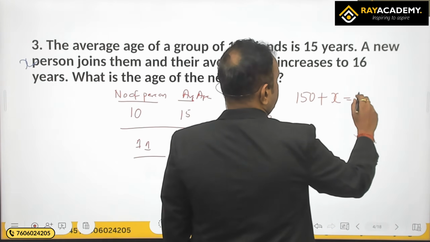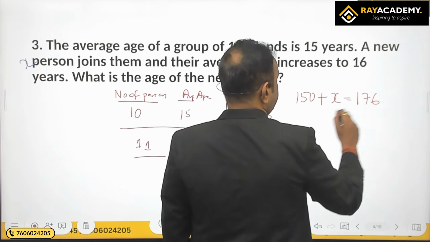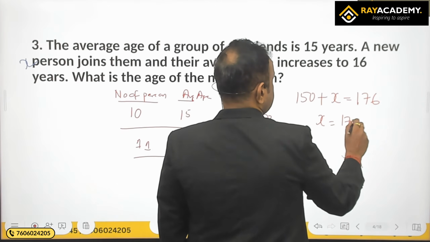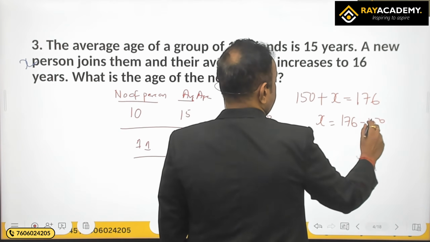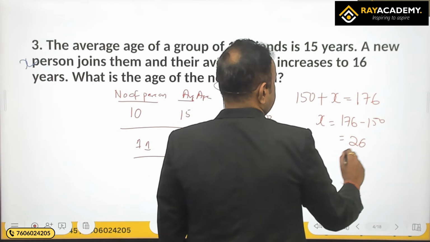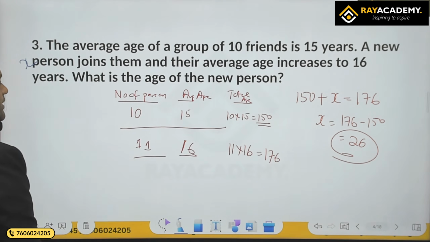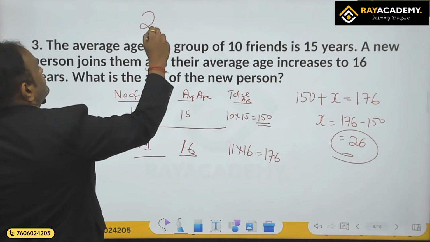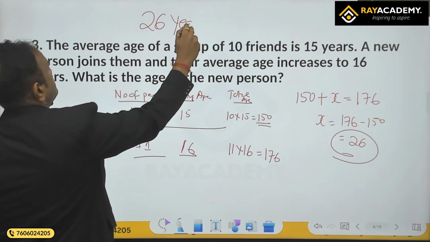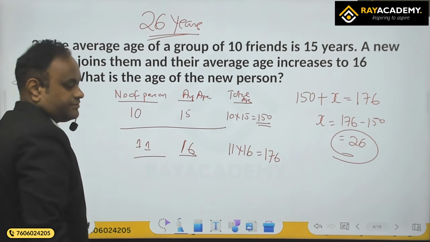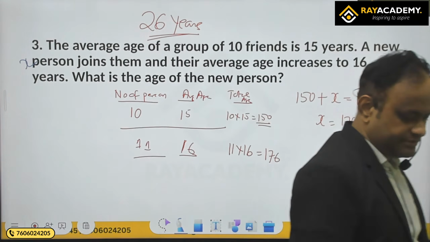So 150 plus x equals 176. What is x? 176 minus 150 equals 26. So the new person who joined is 26 years old. Right answer is 26 years. Hope you are getting this question.